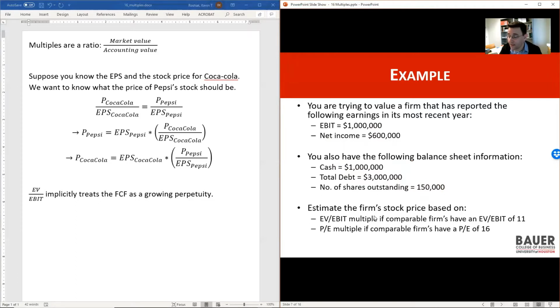We're going to estimate the stock price based on an EV over EBIT multiple and a PE multiple. For EV over EBIT, we see that comparable companies have an EV over EBIT of 11. So that's going to be our multiple. And comparable companies have a PE ratio of 16, so we're going to use that multiple as well. We're going to get different answers when we use different multiples, but I want to make sure that we can go through the steps here.